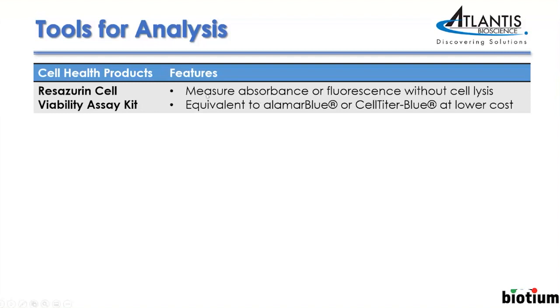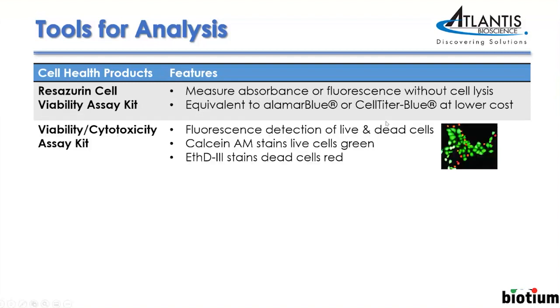Here I would like to introduce you to the Resazurin assay kit, a very simple assay for measuring viability. You can measure viability without cell lysis, using absorbance or fluorescence. This kit is equivalent to Alamar Blue or CellTiter-Blue, but at a lower cost.